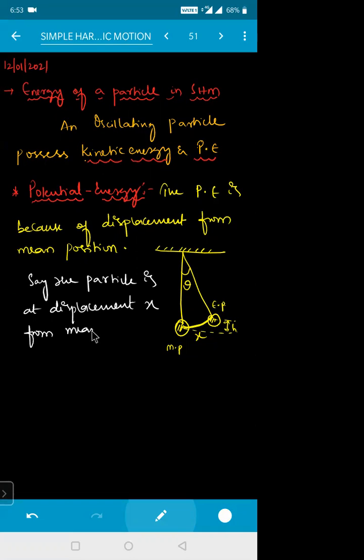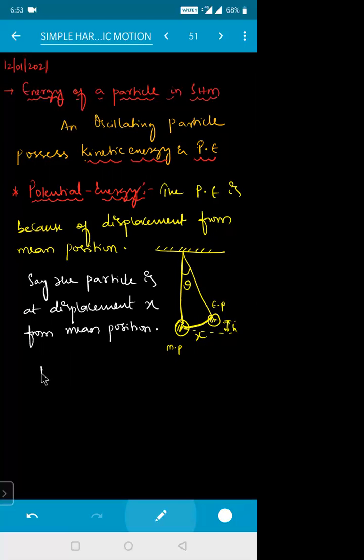Work done in displacing from here to here is against the restoring force, because the restoring force is acting on the body in which direction? Opposite direction. Because when you take this body from the mean position to some extreme position and leave it, what happens? This body will come back to the mean position because of the restoring force.